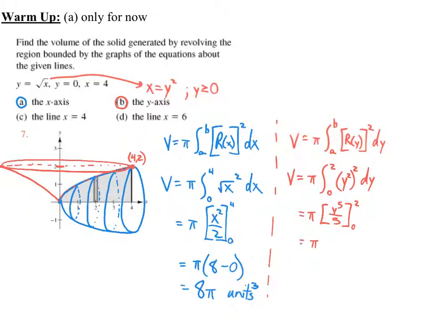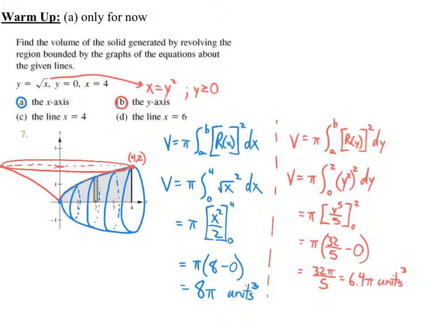So pi times 2 to the 5th, 32 over 5 minus 0. Okay, so we just have 32 pi over 5. Or if you want, that would be 6.4 pi. But again, that would be units cubed. Okay? So this is a little smaller than the original one was, but it's a totally different shape.